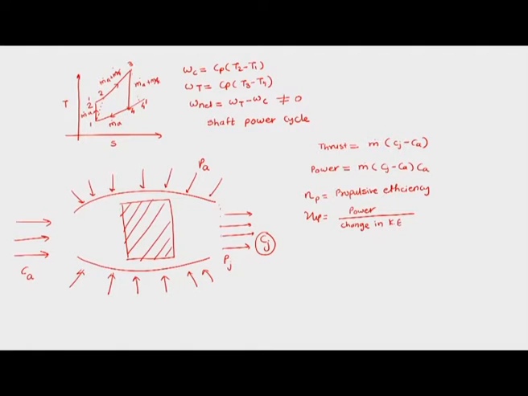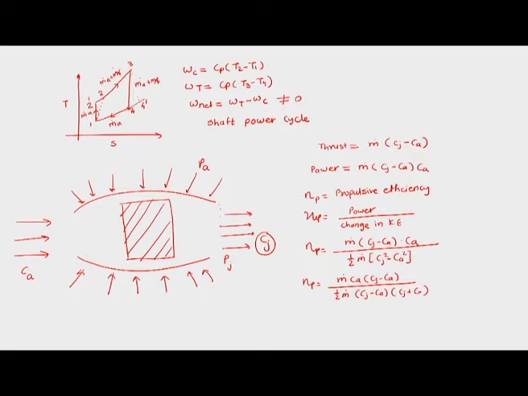Thrust power is m dot into Cj minus Ca into Ca, divided by half m dot into Cj square minus Ca square. We can rewrite this as m dot Ca into Cj minus Ca, divided by half m dot, and we can split Cj square minus Ca square into Cj minus Ca into Cj plus Ca.